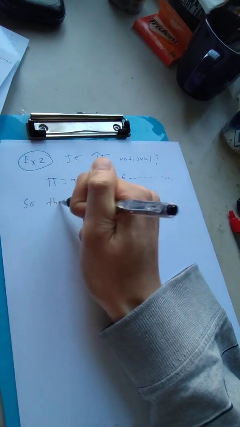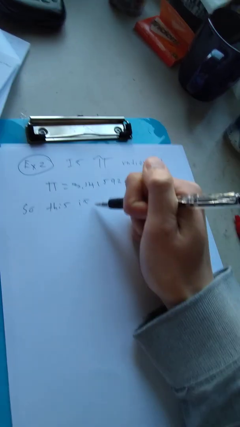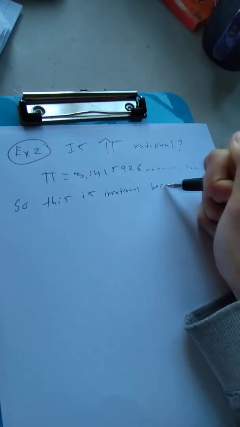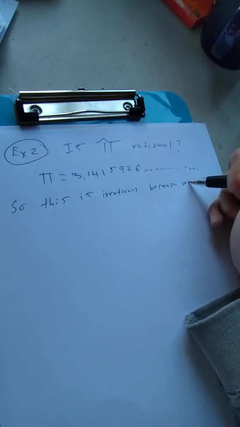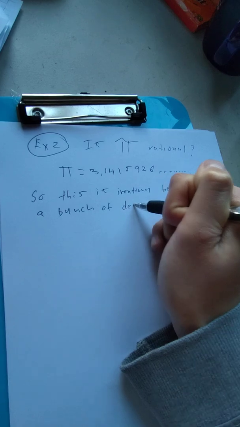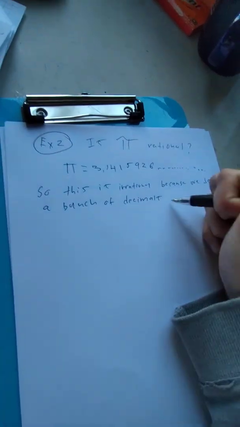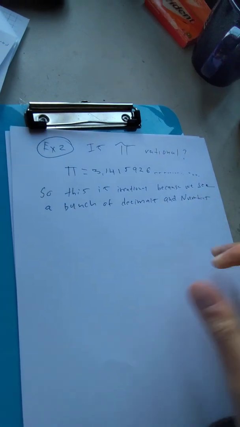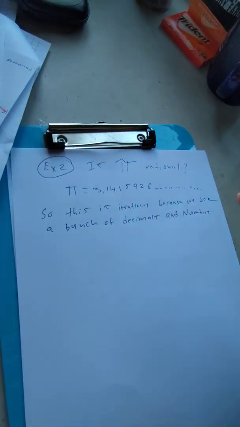So this is irrational because we see a bunch of decimals and numbers. So therefore this is irrational.